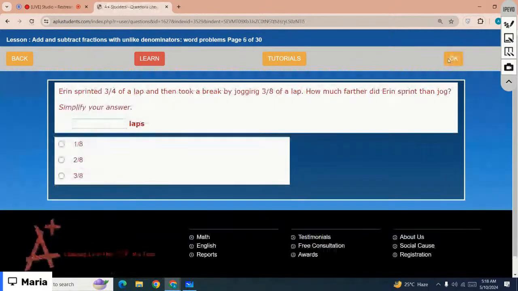Aaron sprinted 3/4 of a lap and then took a break, jogging 3/8 of a lap. How much farther did Aaron sprint than jog?